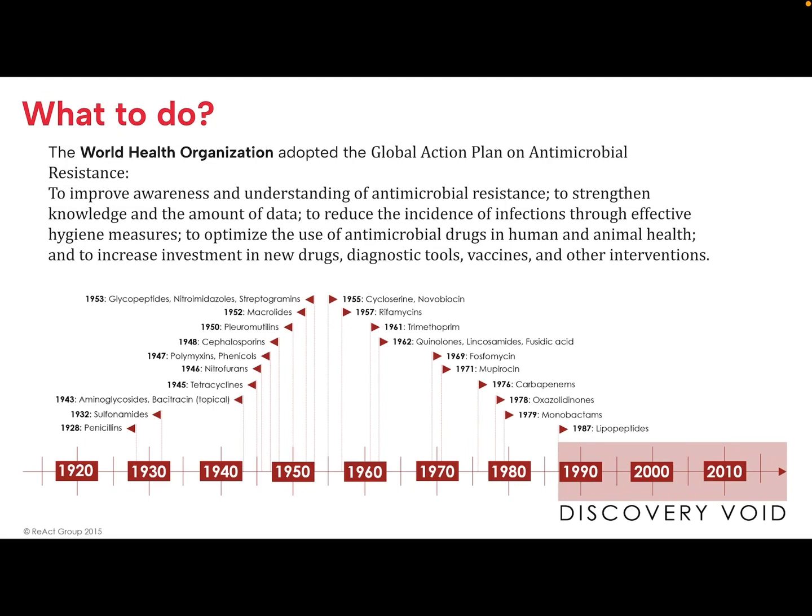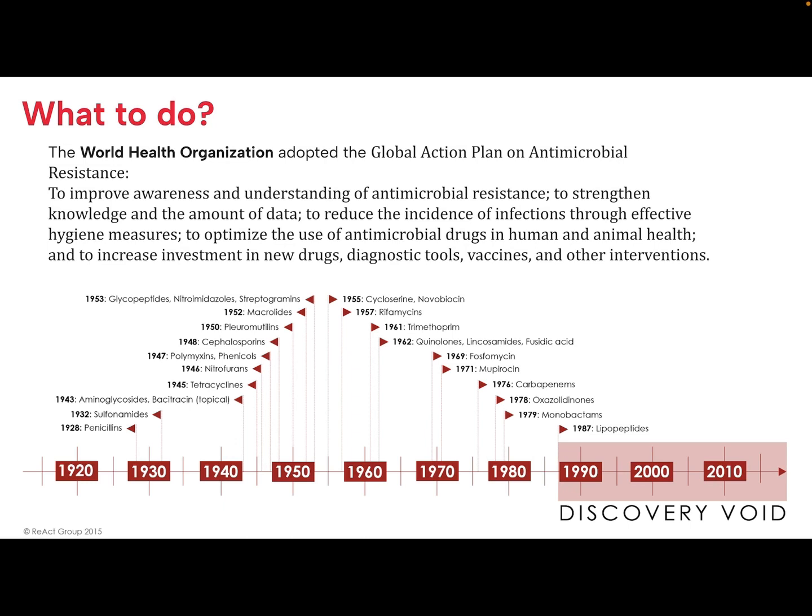In an effort to prevent antimicrobial resistance, the World Health Organization has adopted the Global Action Plan on Antimicrobial Resistance. This includes 5 steps in order to help prevent more antibacterial medications being put out of use because of antimicrobial resistance.